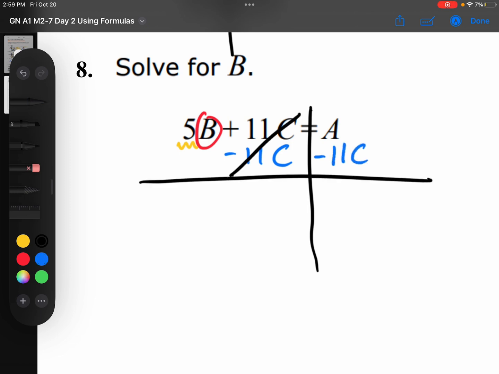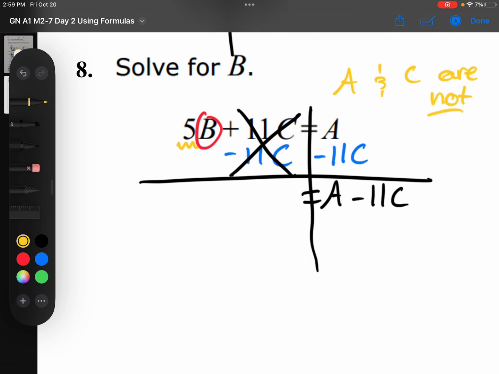Okay, these are going to cancel out, and a minus 11c is what is left over there. Why is it like that? Once again, a and c are not like terms. So they cannot be combined.